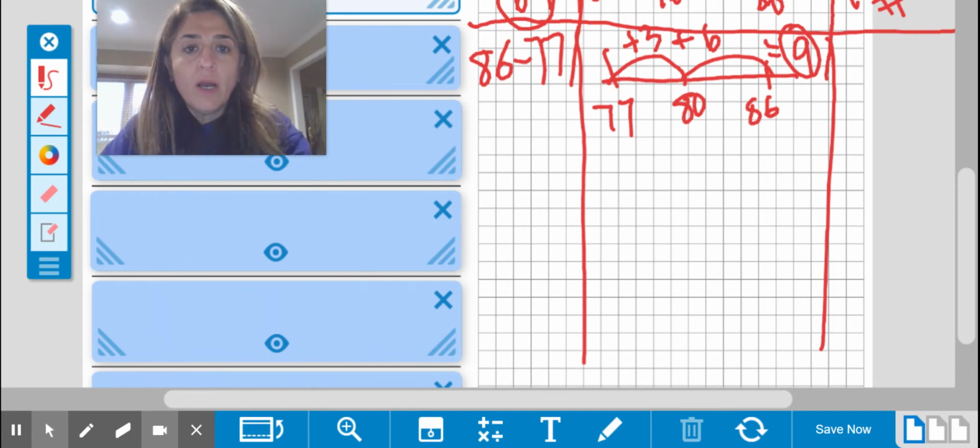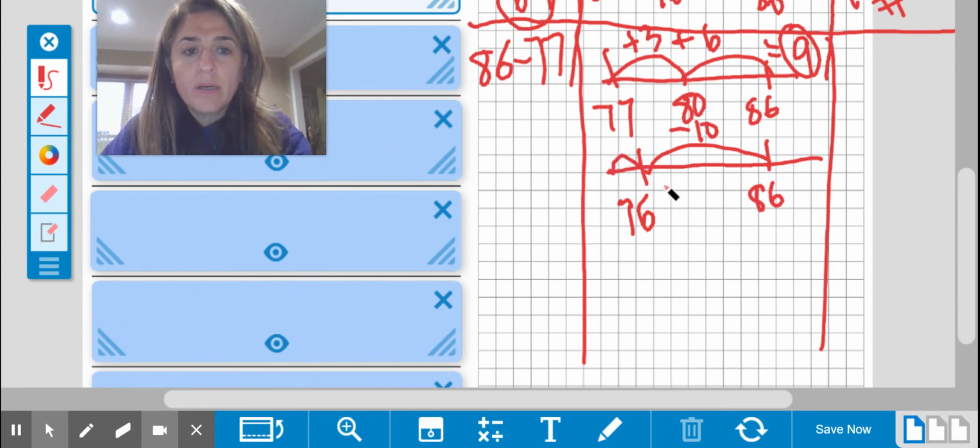But if you wanted to go back, you could totally do 86 minus 76. That's a difference of 10. And then one more. So 86 minus 10 gives you 76, right? But we don't want 76.